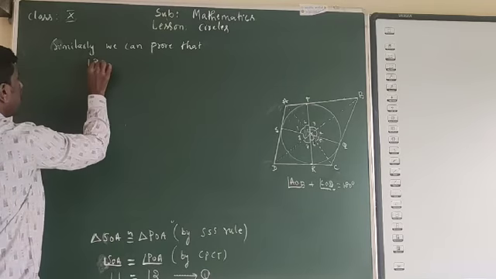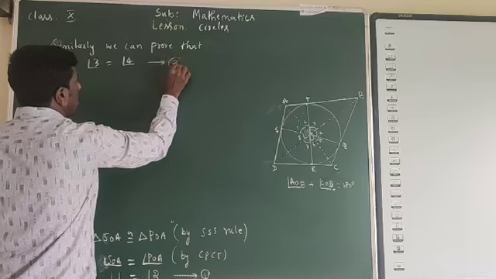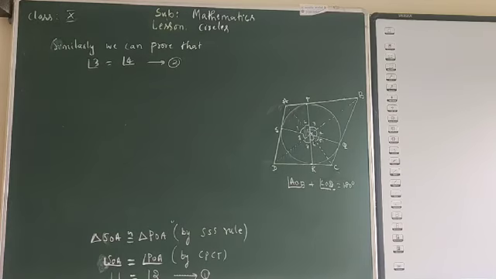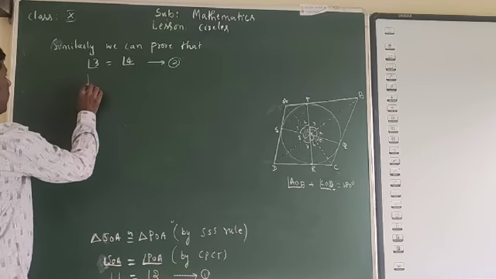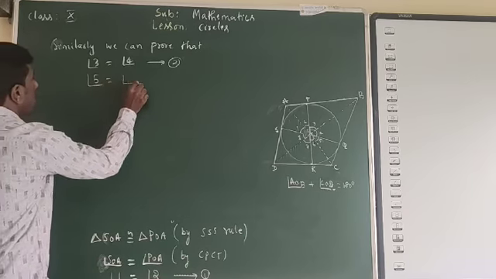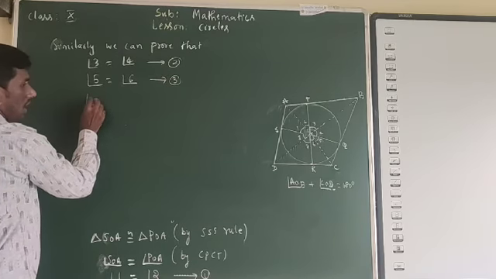Call this equation 2. Then angle 5 is equal to angle 6. That is equation 3.